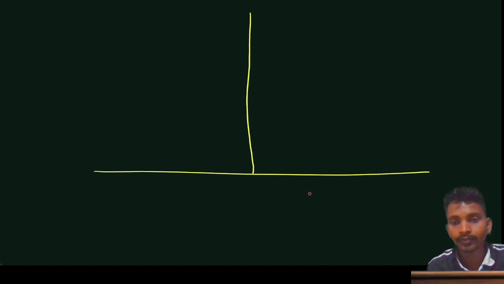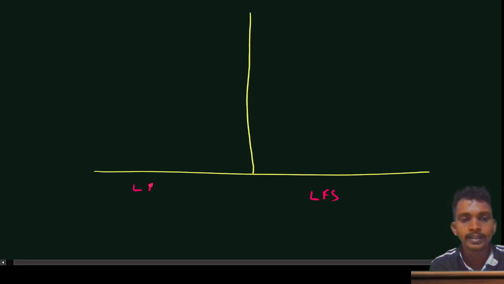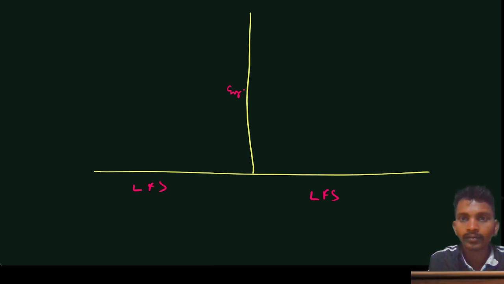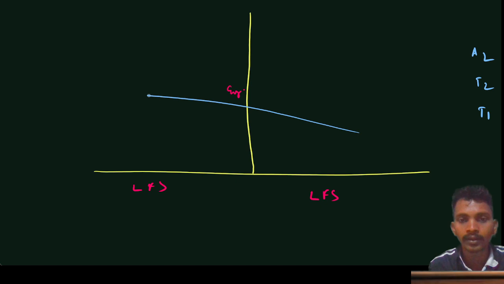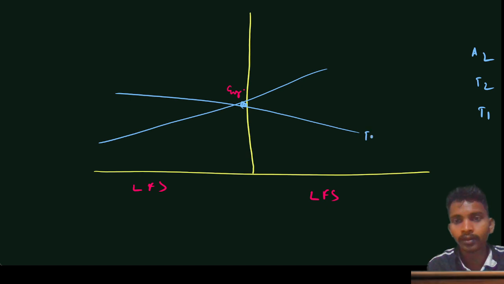So this is the ligand field strength, and this is the energy, let's say. So what we see here is T1, because always we do T1, then T2, then A2. So this T1 will go here like this, and this is the T1 and this is the T2.